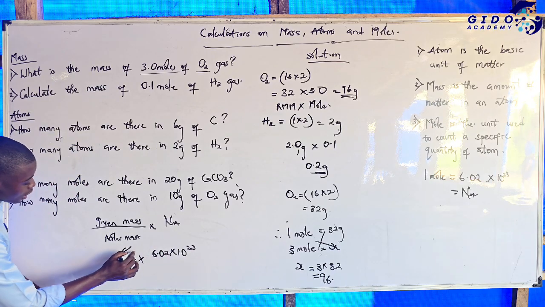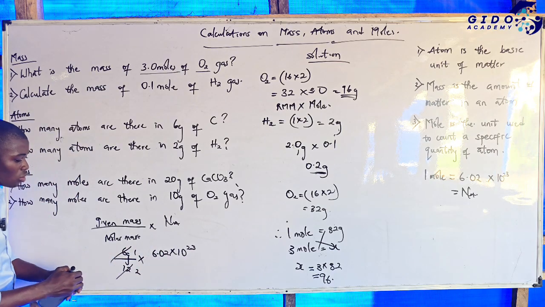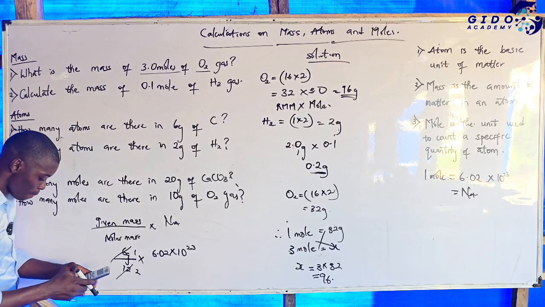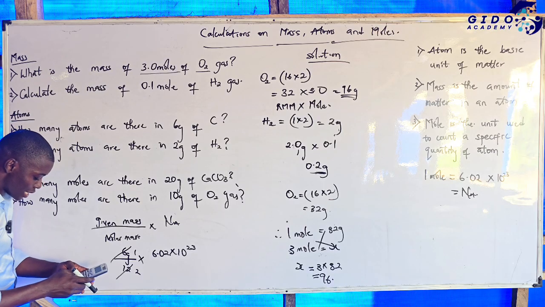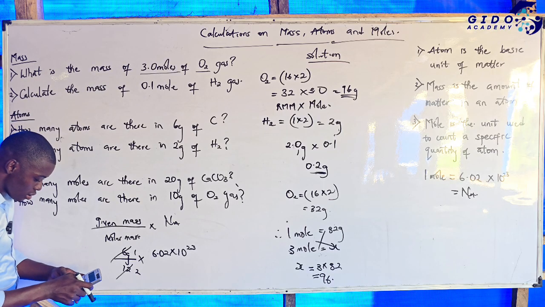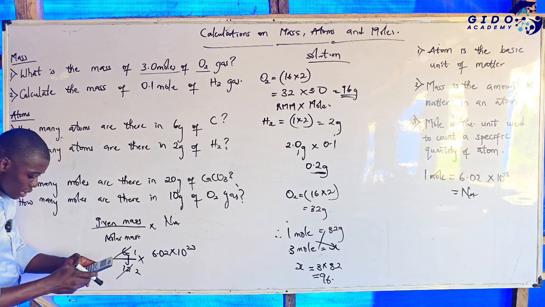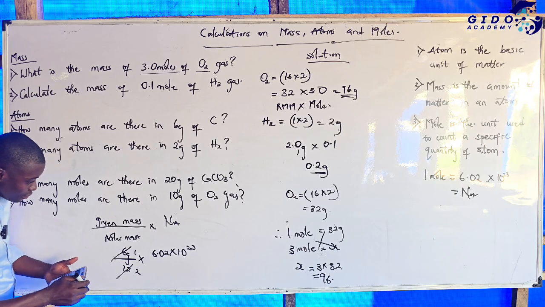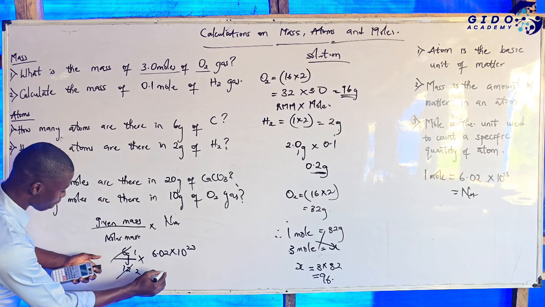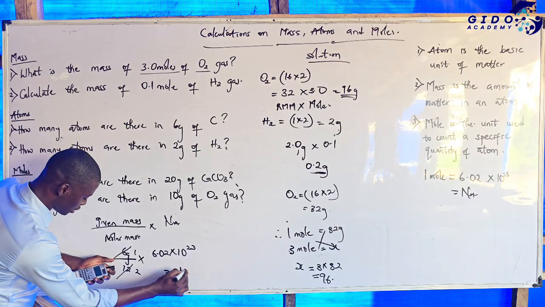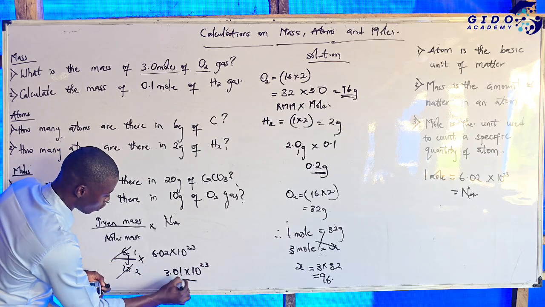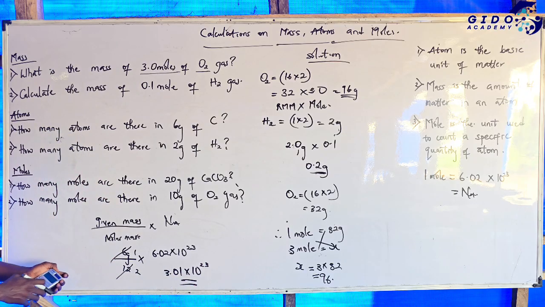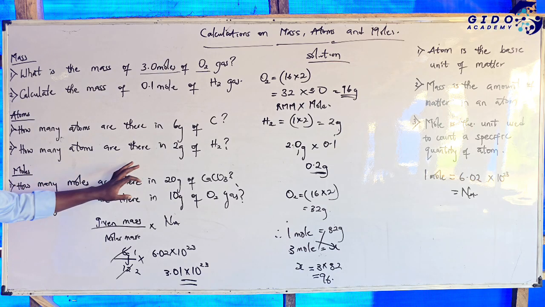If you cancel this, you are left with 1 over 2. So which is 6.02 times 10 raised to the power 23 divided by 2. Our answer is 3.01 times 10 raised to the power 23.